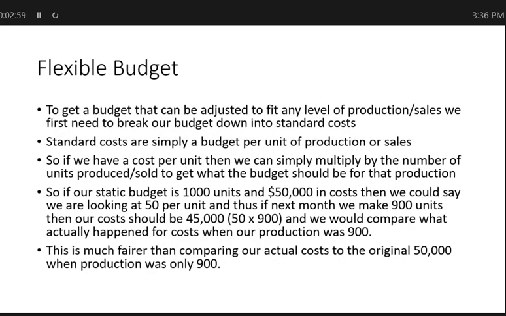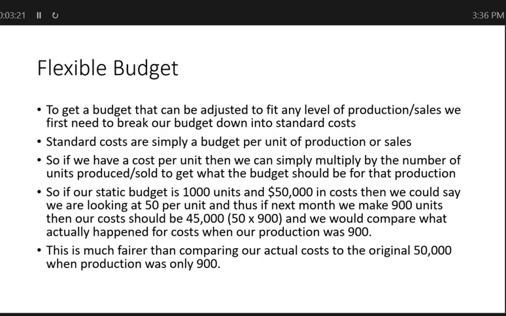To do that, we're going to need to adjust our budget to a concept of standard costs, and that's simply a budget per unit. So rather than looking at things in total, we're going to look at it per unit.